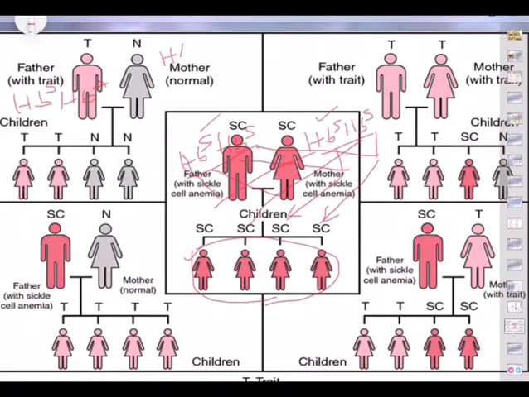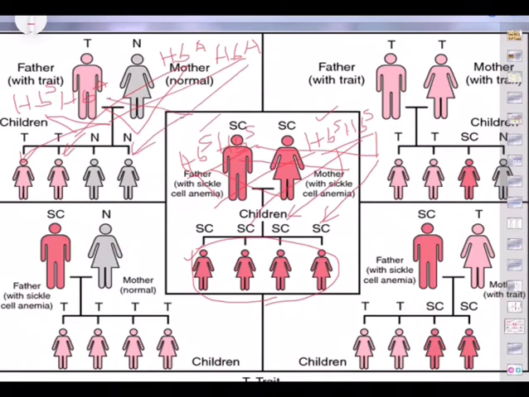Now let us take this case. Father has got a trait. That means he has one gene which is the dangerous one, it is there inside, and one is normal, HbA. And what about the mother? Mother is a good lady here. Look at that, HbA, because she doesn't have the gene for sickle cell anemia. So she is lucky. Now the combination of this HbS and HbA, what happens?